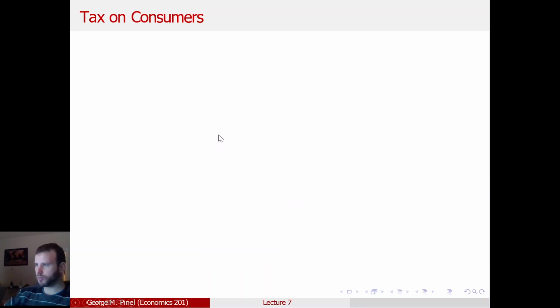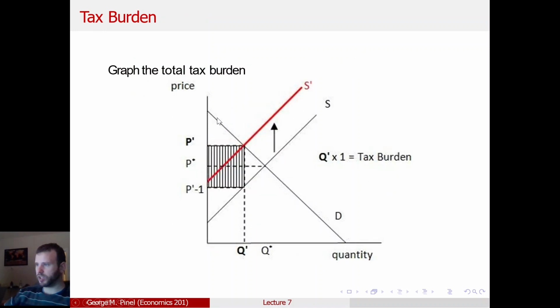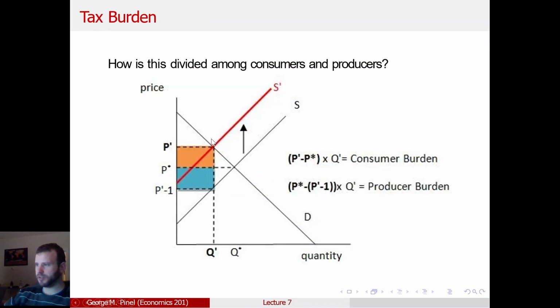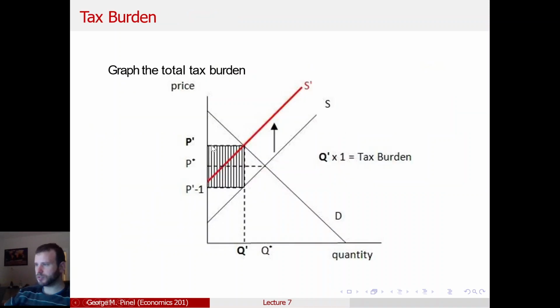Willingness to pay minus price paid is going to be the consumer surplus, and this is the price consumers actually pay. So this triangle here is your consumer surplus.